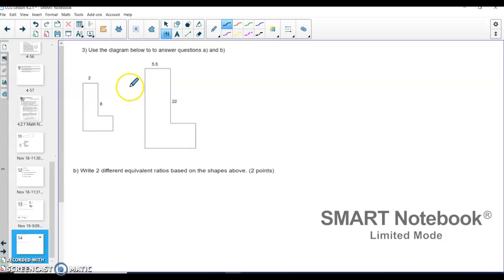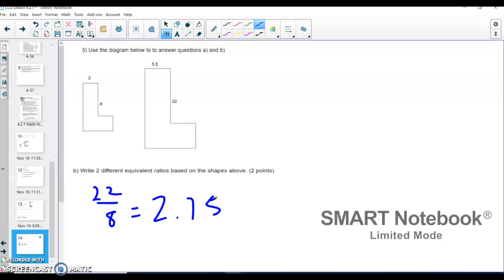All right, we're going to go to 3B here. This is one that majority of people messed up on. We had that writing two different equivalent ratios here. And equivalent ratio is what a lot of people did, where they would do 22 divided by 8. That equals, and let me use my calculator quick, 22 divided by 8, 2.75.